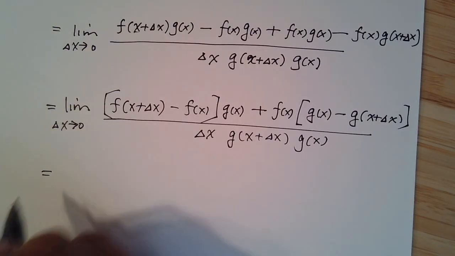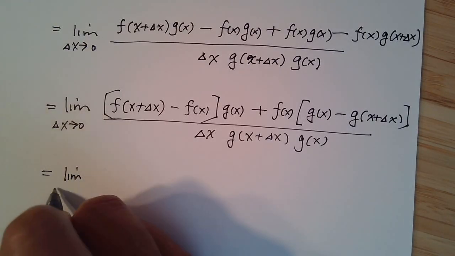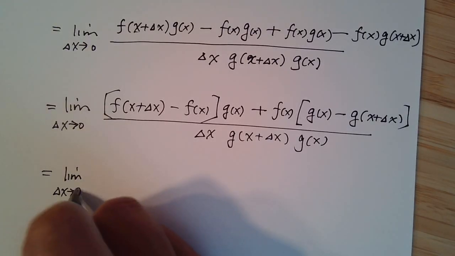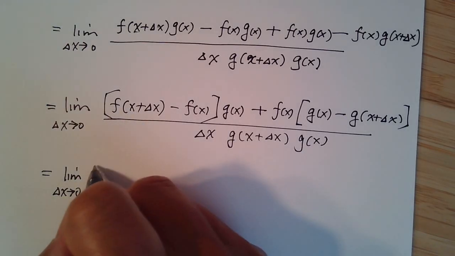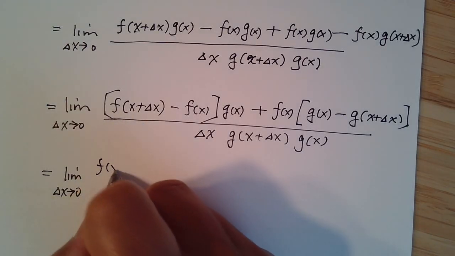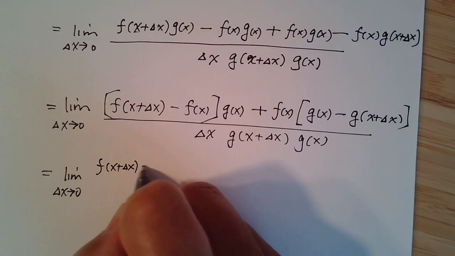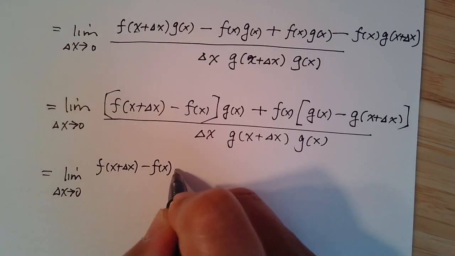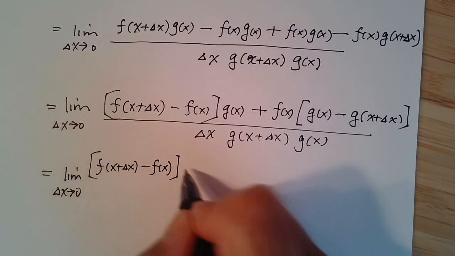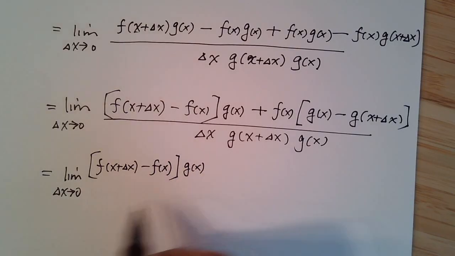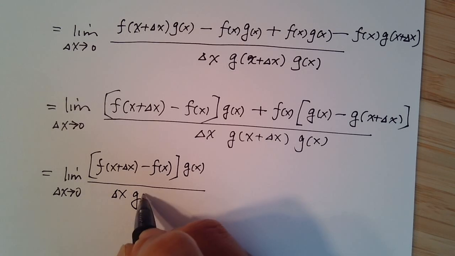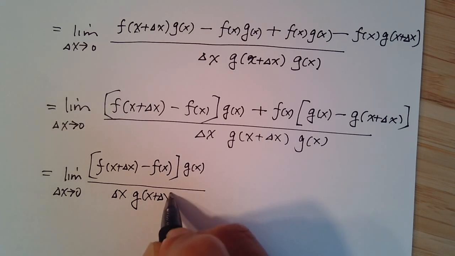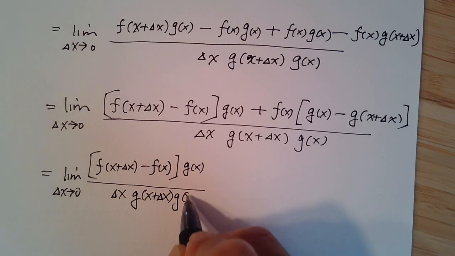So that would be the limit delta x approaches 0. Did you notice this? Let me just write it: f of x plus delta x minus f of x times g of x over, and the bottom is delta x g of x plus delta x g of x.